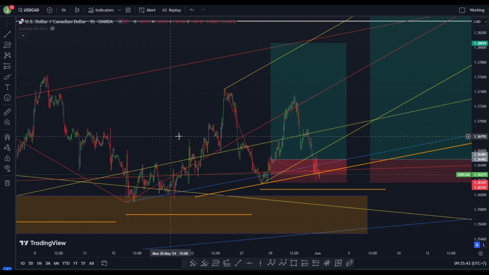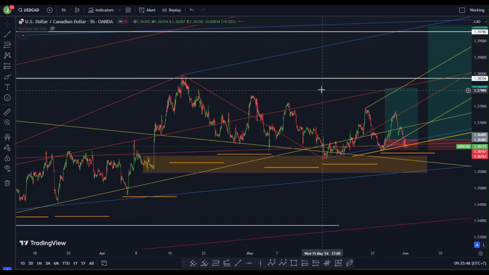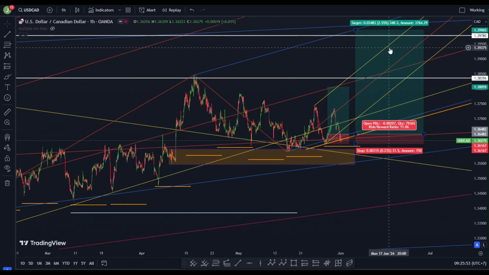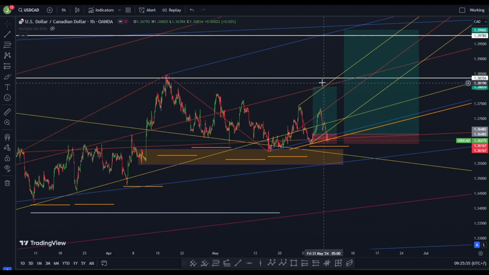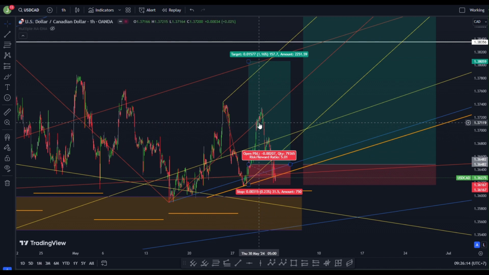Now I only took a third of it off at 2-to-1 and left the other 2/3 on, 1/3 with a target of 5-to-1, and the final third with a target of 11-to-1. However, while I have not been stopped out yet of the other 2/3, it does appear this is rolling over, and I have very little confidence in this as of right now. So I do believe I'm going to get stopped out, but this will ultimately be a free trade, a break-even trade, because of that first take profit.